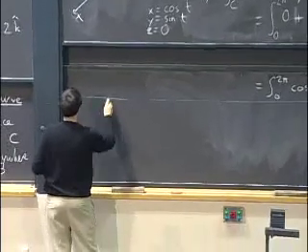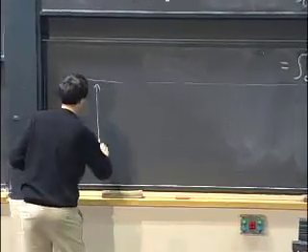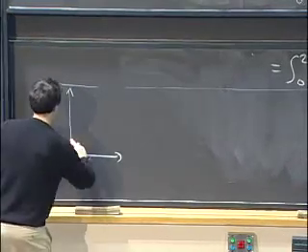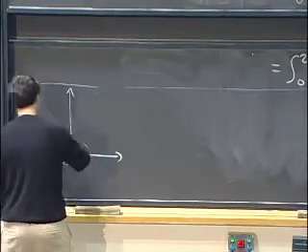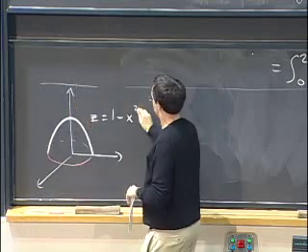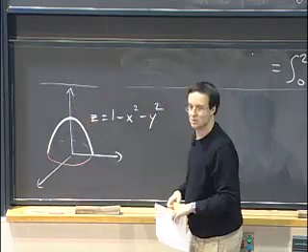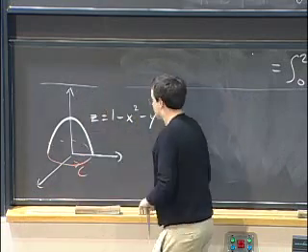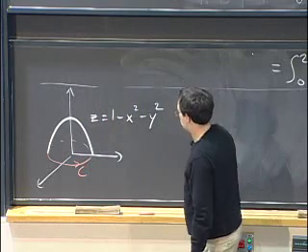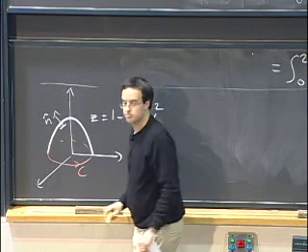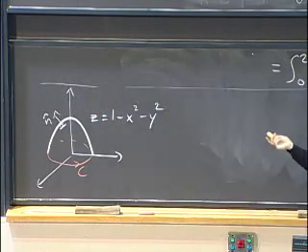So instead, just to convince you that I can choose really any surface I want, let's say that I'm going to choose a piece of paraboloid z equals 1 minus x squared minus y squared. Okay? And to get our convention straight, observe that we should take the normal vector pointing up for compatibility with our choice.